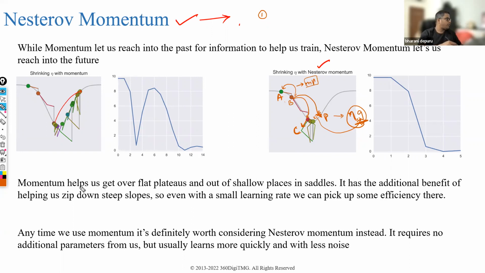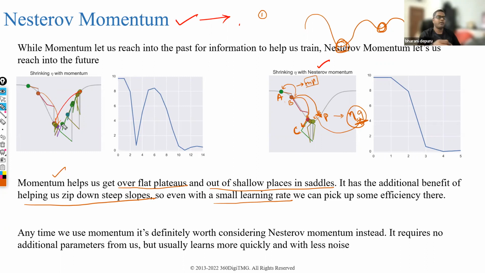So you have momentum, which will help you get out of flat plateaus and wherever you have shallow places, not deep places. This is deep, this is shallow. If you are at a shallow place, it will help you get out of that. It has an additional benefit: it will zip down steep slopes faster. Even with a small learning rate, when you have steep surfaces, it will come down faster.